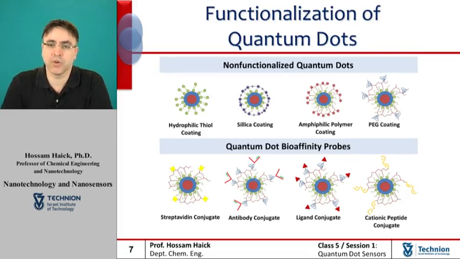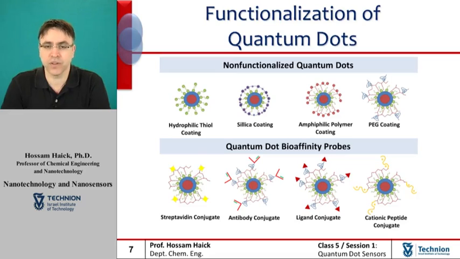The ability to functionalize quantum dots has the potential to change their properties, including solubility of the quantum dots in a variety of solvents. Also, it has the power to affect the ability of the quantum dots to specifically bind to the targets.